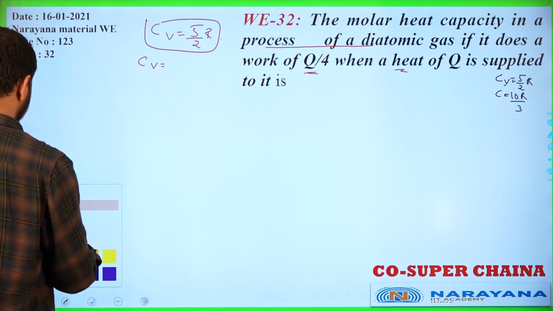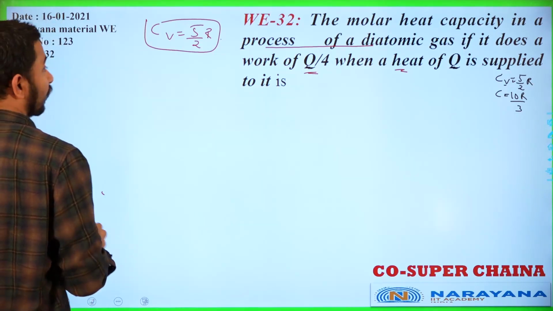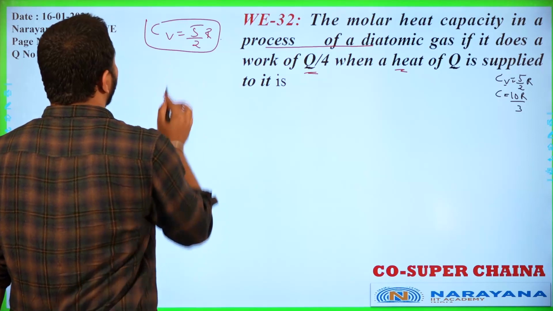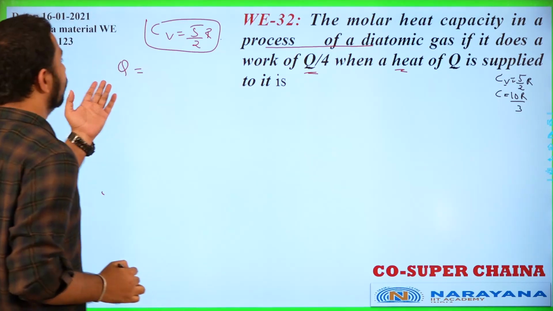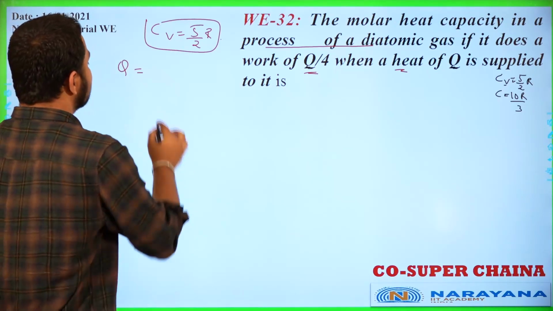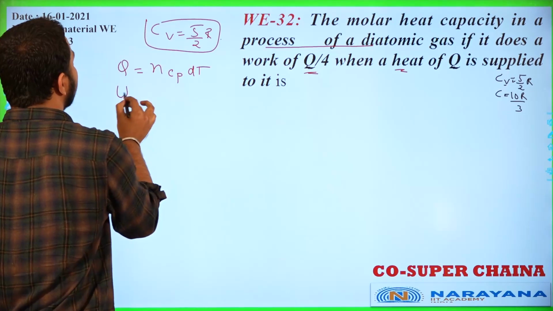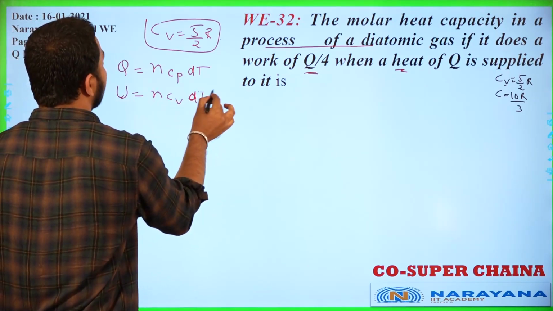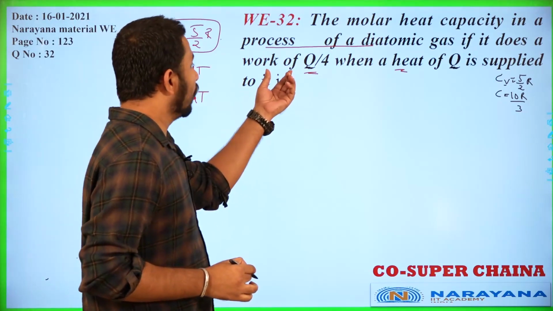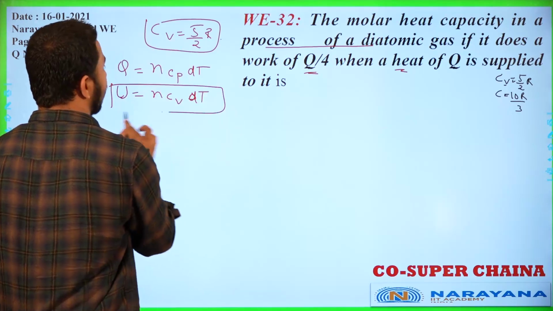Now we know Q can be written as N CV dT, and U can be written as N CV dT. Work done is given to us, so we apply the first law of thermodynamics.